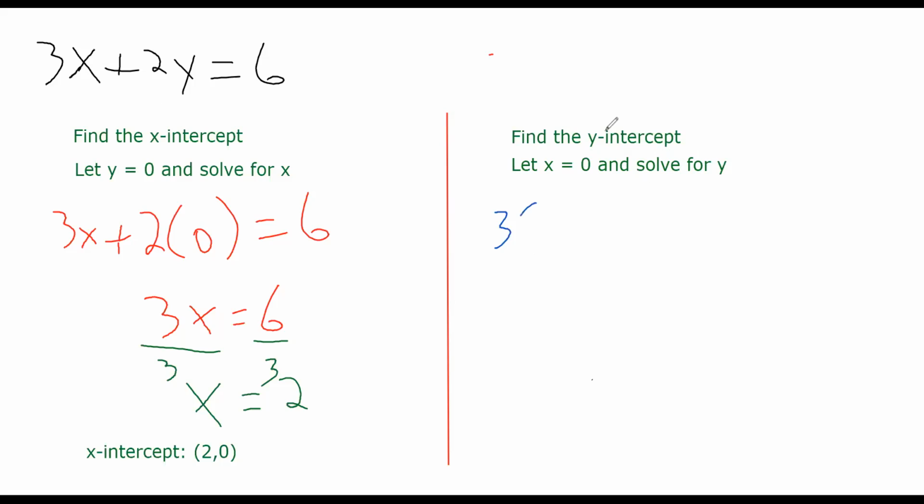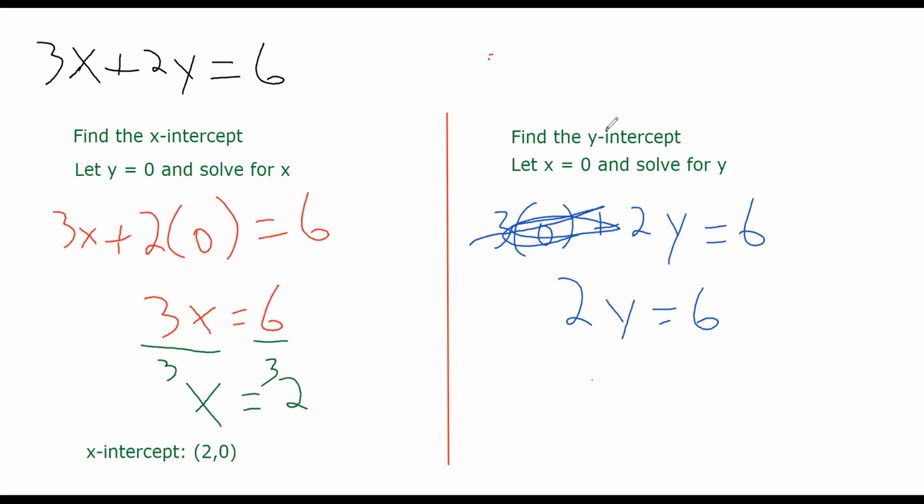Now we're going to put a 0 in for x. And then 2y just has to stay as it is. Now 3 times 0 is 0, and then adding 0 onto something does nothing. So in other words, the x just goes away. Divide both sides by 2 to get y by itself, and you get y equals 3.